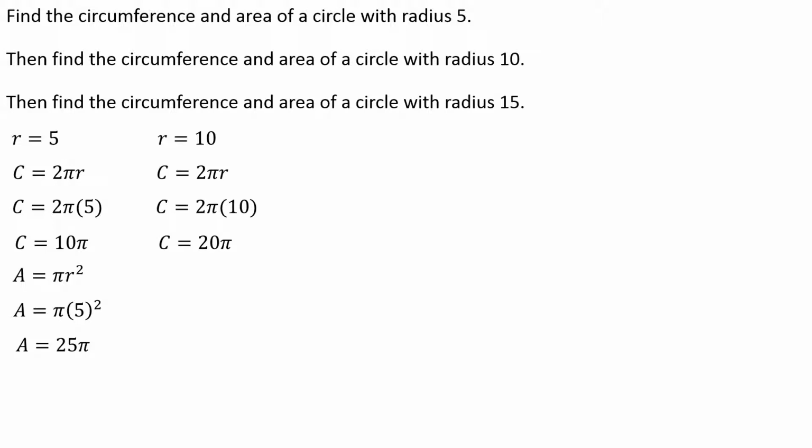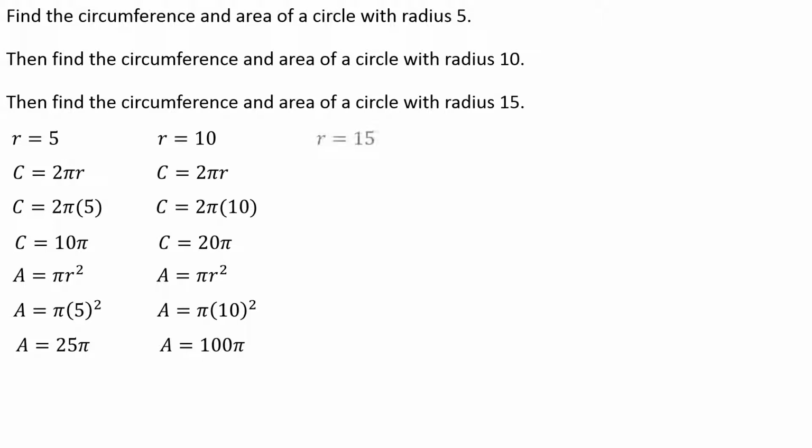And, of course, 2 times 10 is 20, so the circumference is 20 pi. Area, of course, is pi r squared. The radius is 10, so I need pi times 10 squared. 10 times 10 is 100. So it's 100 pi.